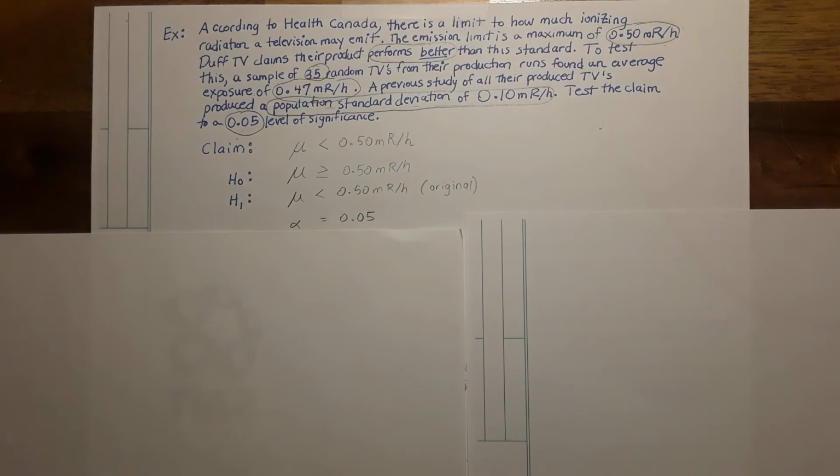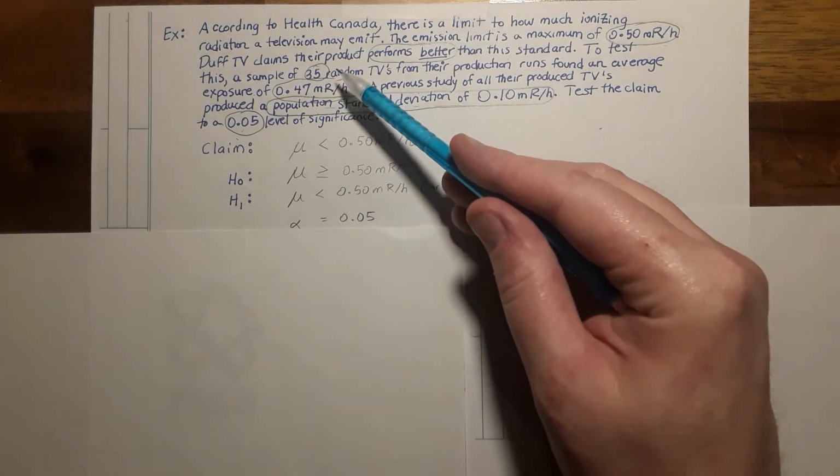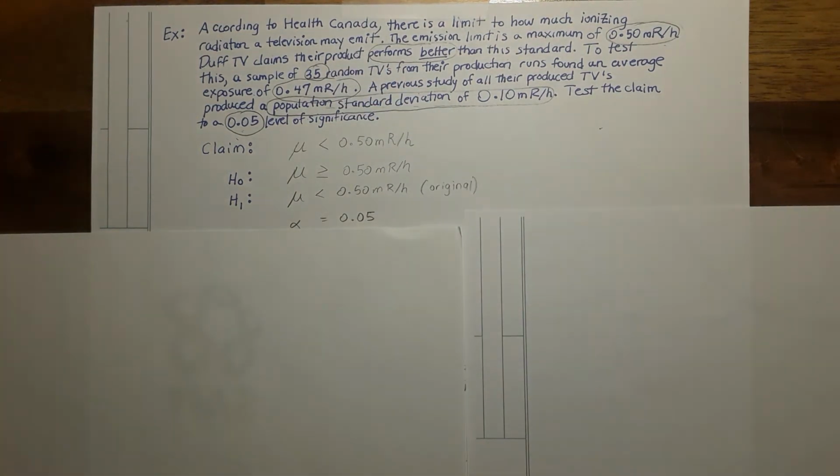The level of significance is the percentage of experiments of sample size 35, if we repeat the experiment, that we are allowing to disagree with the null hypothesis just by random chance. That's not a particularly high level of significance, but it is one of the more common significance levels.